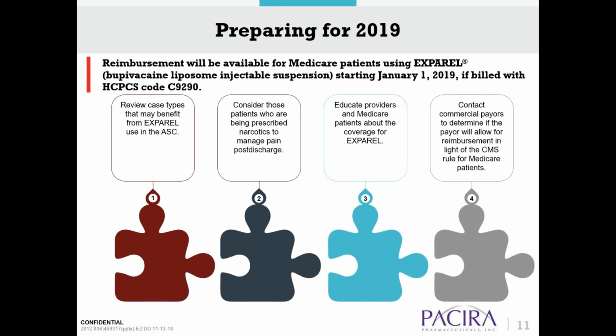So preparing for 2019, reimbursement again will be available for Medicare patients using Exparel starting January 1, 2019, if billed with HCPCS code C9290. It's really important that you review the case types that may benefit from Exparel use in the ASC.